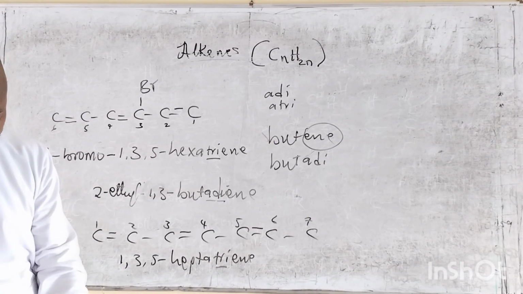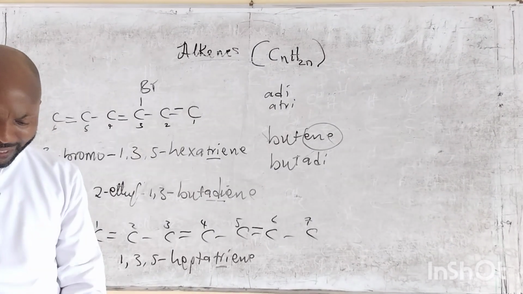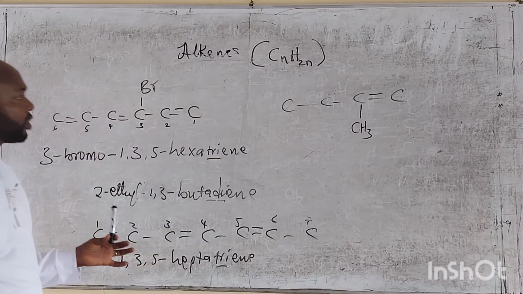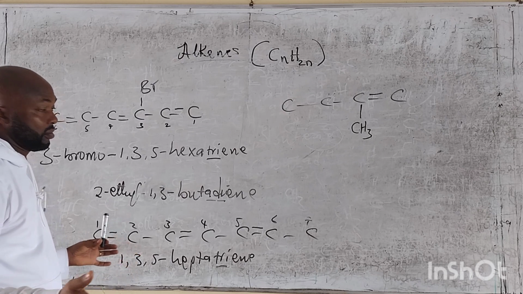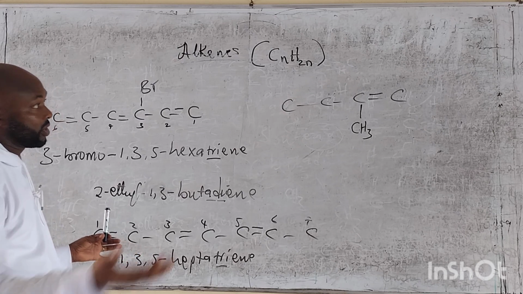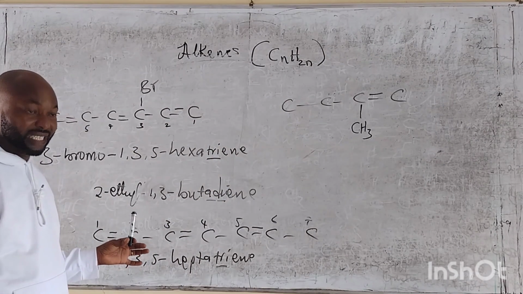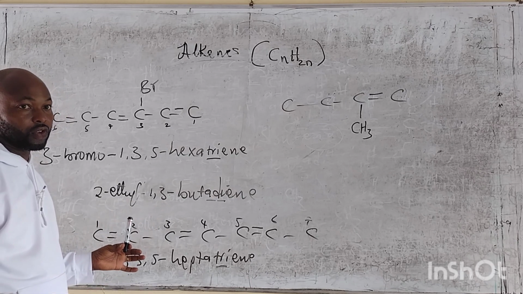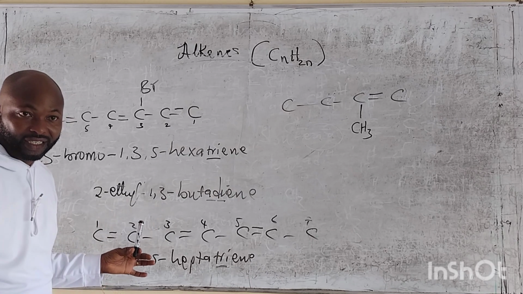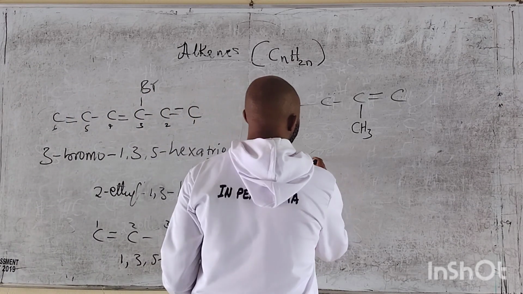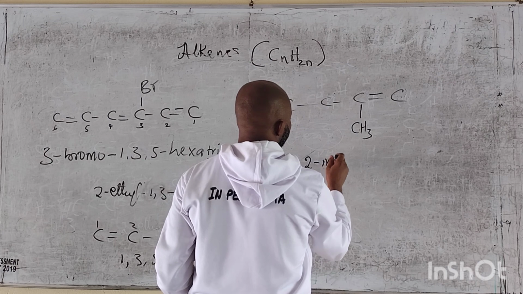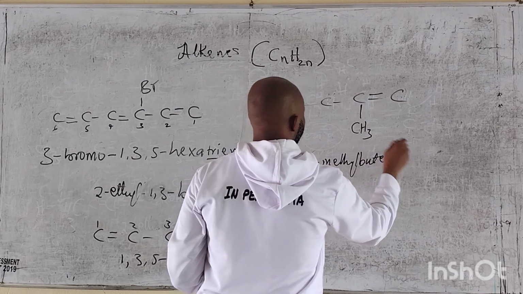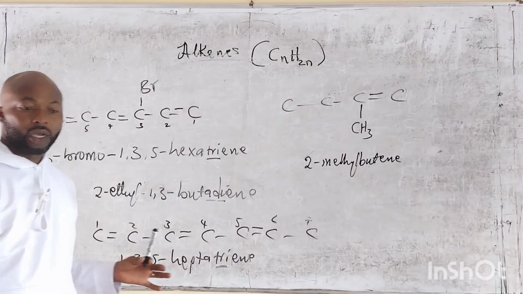Let's take another one. They say we should give the IUPAC names of the following compound. How do we name this? Let's look at the board. What do you think is the name? The parent chain is 4 for butene, and we have a substituent in carbon 2, so that's 2-methylbutene. Another one.